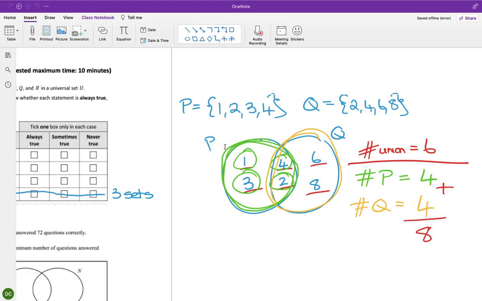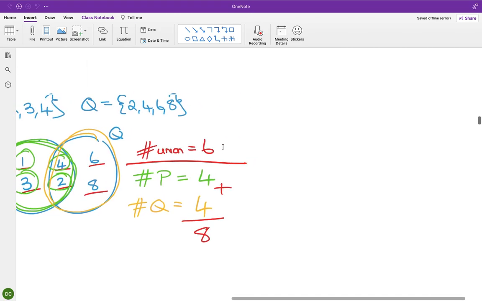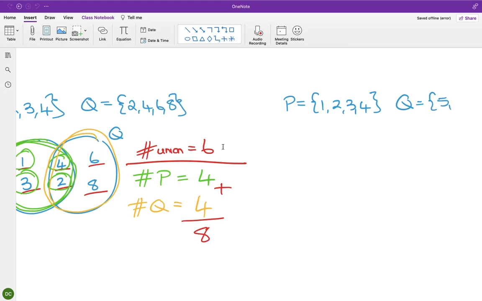Because you can see here that in P we counted 4 and 2, and in Q, we counted 4 and 2 again. So what if I had two sets that don't have an overlap? What if P was 1, 2, 3, 4, and Q was 5, 6, 7, 8?